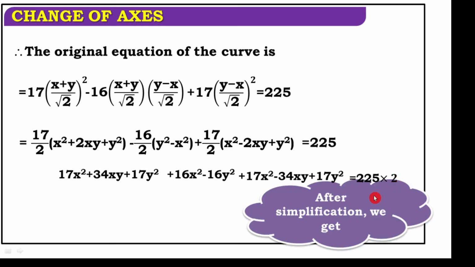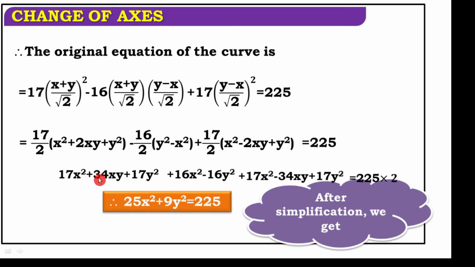After simplification we get, so 34xy gets cancelled, 17 plus 16 plus 17 is 50 x square, and 17 minus 16 is 1, 1 plus 17 is 18 y square. So each one divided by 2, so you will get 25x square plus 9y square equals 225.